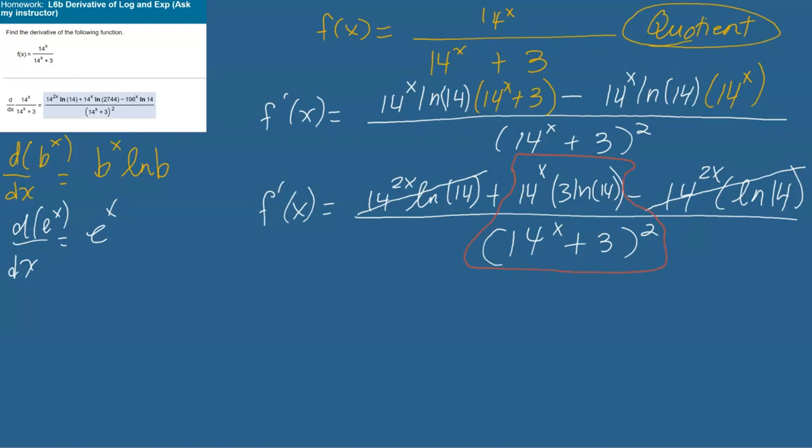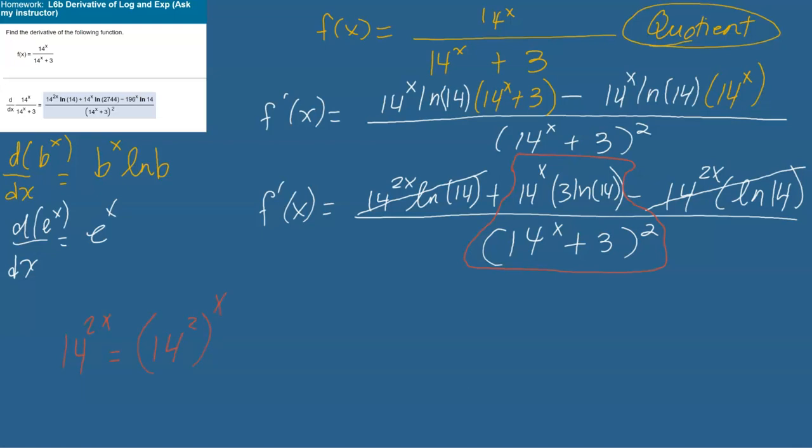Now someone may say, how come the answer that is displayed here is different? Well, this right here is exactly the same as this right here. 14 to the 2x is going to be equal to 14 squared raised to the x.